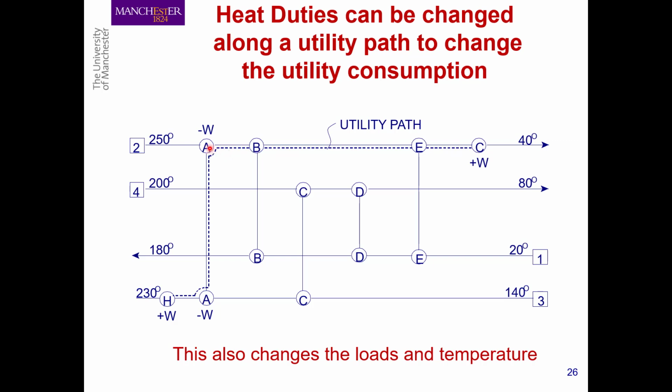But at the same time, because we are changing duties, we are also changing the temperatures available in the design of this heat exchanger, and that again is going to play a role in the area calculation of these exchangers. And along this utility path, we shift heat duties between different units with the goal of reducing the size of the heat exchangers.